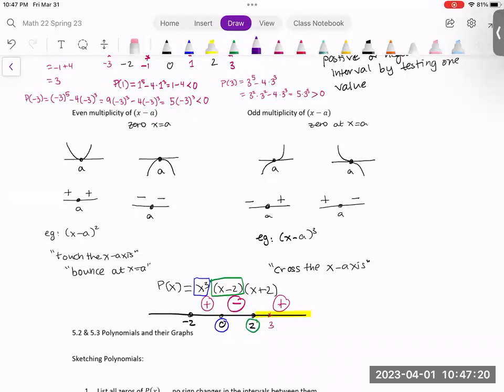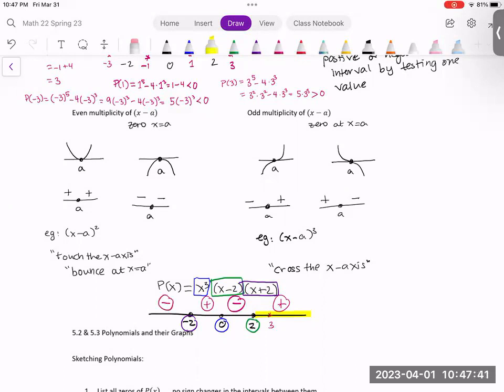All right, and then finally we had x plus 2. That corresponds to this final zero at negative 2. Again, x plus 2 has multiplicity of 1, so there's going to be a sign change. If we were positive to the right, then we're going to be negative to the left.